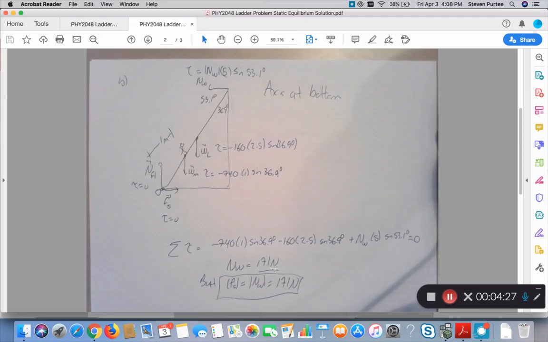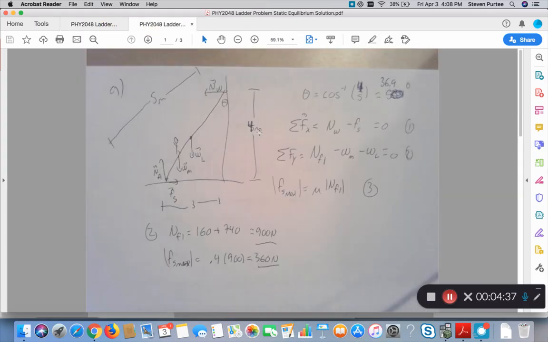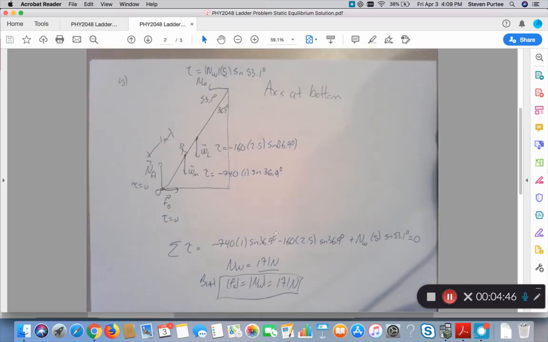Just a little algebra gets this normal force up here against the wall is 171 newtons. But we decided just a minute ago that it and the frictional force must be the same. These two must be equal and opposite. So then our frictional force is 171 newtons.